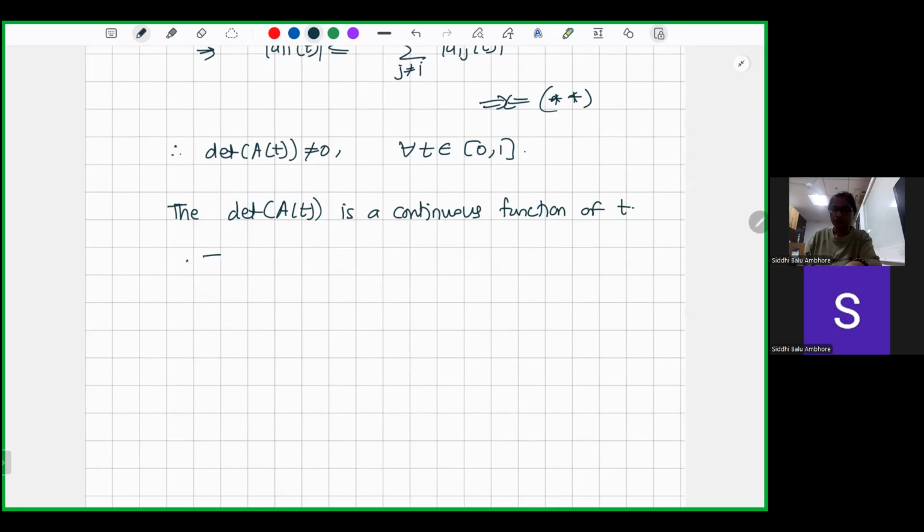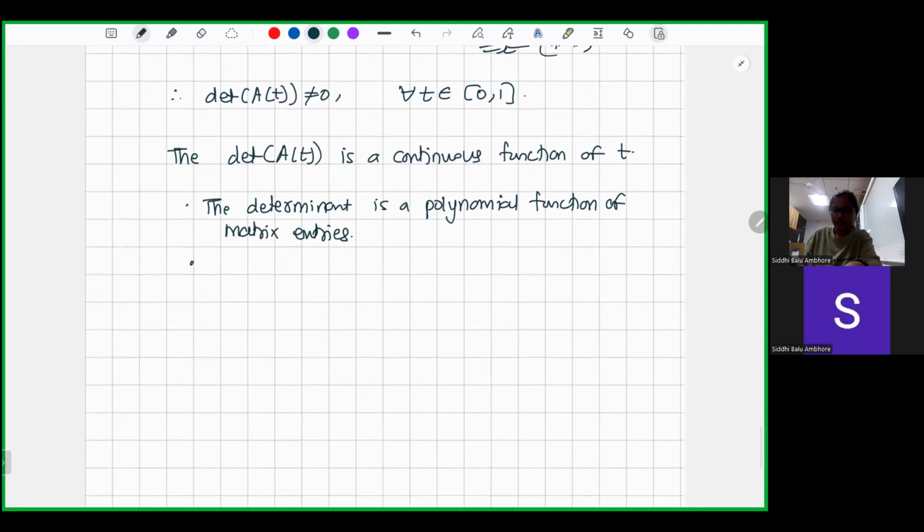So the determinant is a polynomial function of the matrix entries. We know this, right? And each entry a_{ij}(t) is a continuous function.